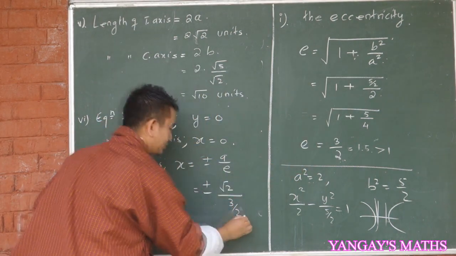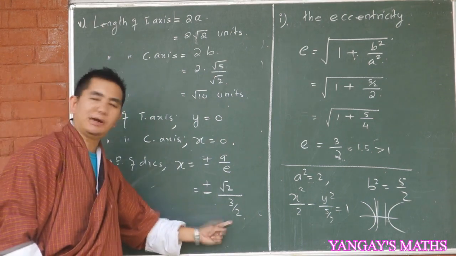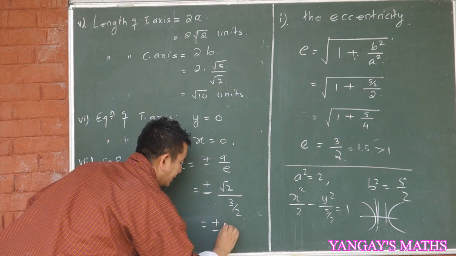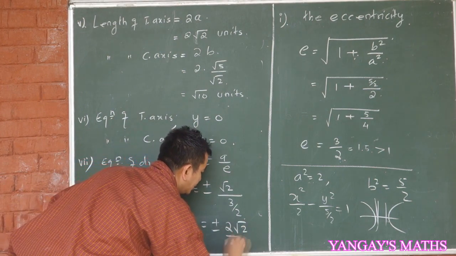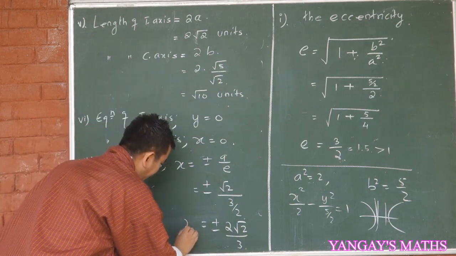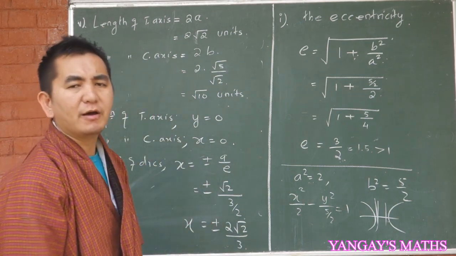Right, the E value is 3 divided by 2. Take 2 up. We have plus or minus 2 root 2 divided by 3. If you want to separate, you can separate, or otherwise you can keep it here. This becomes the equation of directrices.